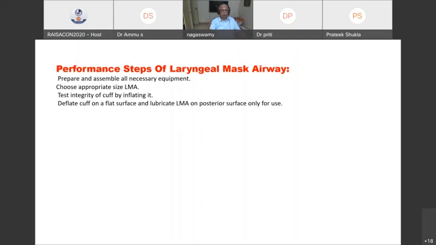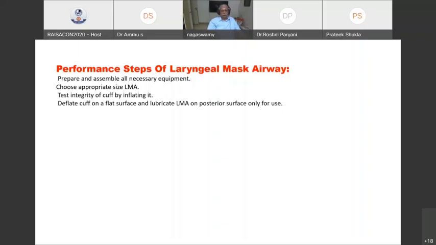Why should you not lubricate on the laryngeal side? Sir, it will slip from its place when we position it, due to lubrication on the anterior side, sir. Not that. See, why do you lubricate only on the posterior side and not on the laryngeal or ventral side? The posterior side will help you slip it nicely in.